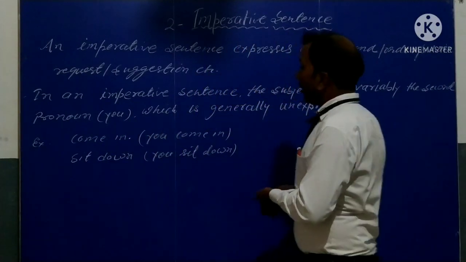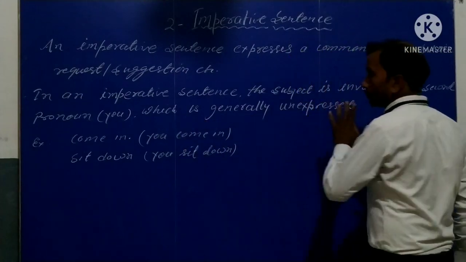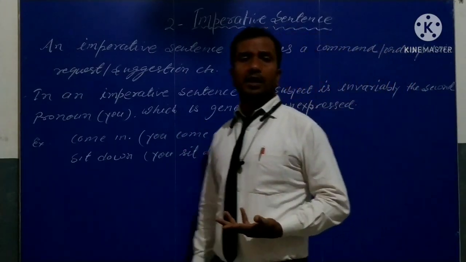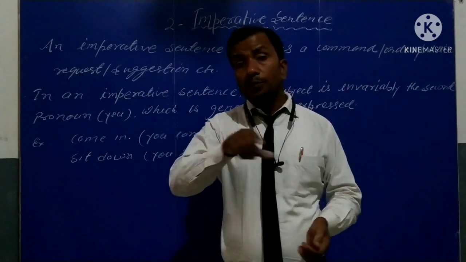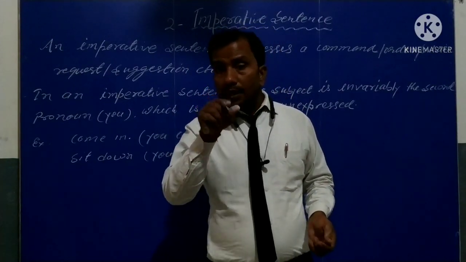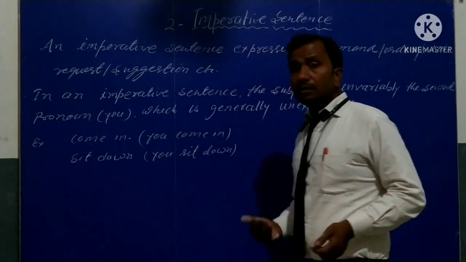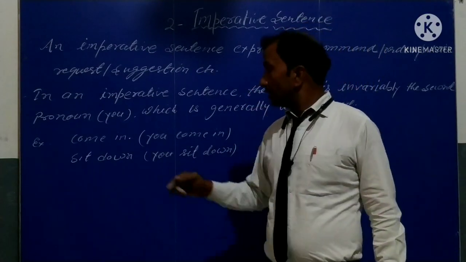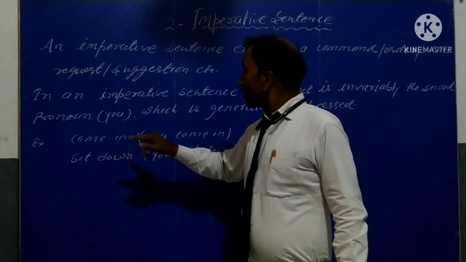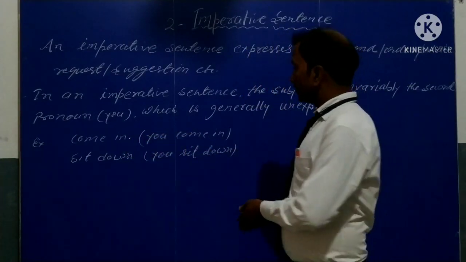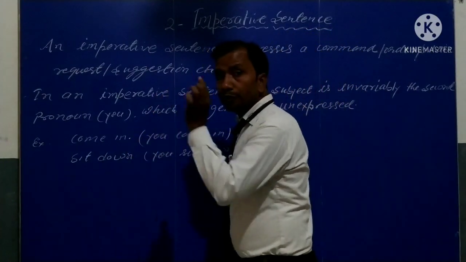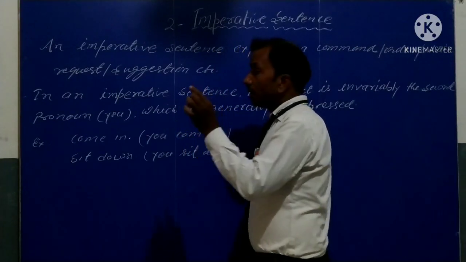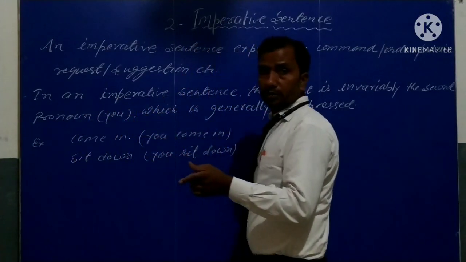For example, here you is generally unexpressed. इसे एक्सप्रेस नहीं किया गया होता है सेंटेंस में, but whenever you pronounce or explain the words or its meaning, you have to understand that the sense is given of you and you belong to second person pronoun.